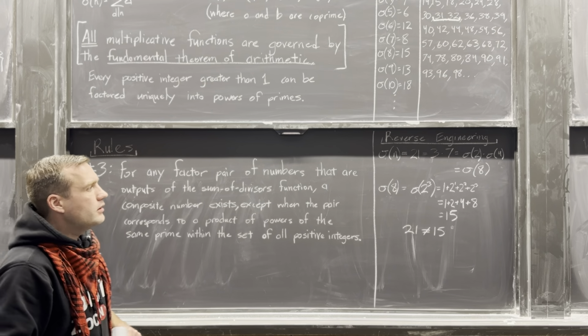Sigma of a prime to the power k is equal to 1 plus p to the 1 plus p to the 2 plus p to the 3 plus dot dot dot plus p to the k minus 2 plus p to the k minus 1 plus p to the k, right? This is what I'm calling the prime power identity.